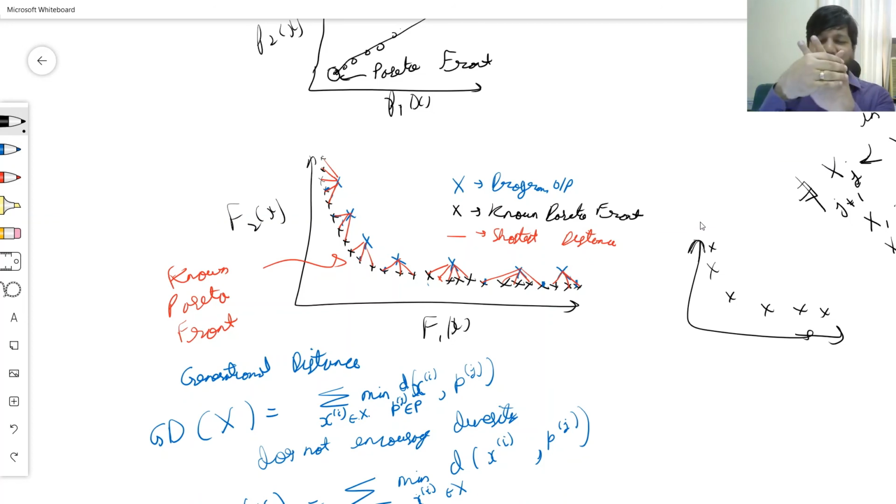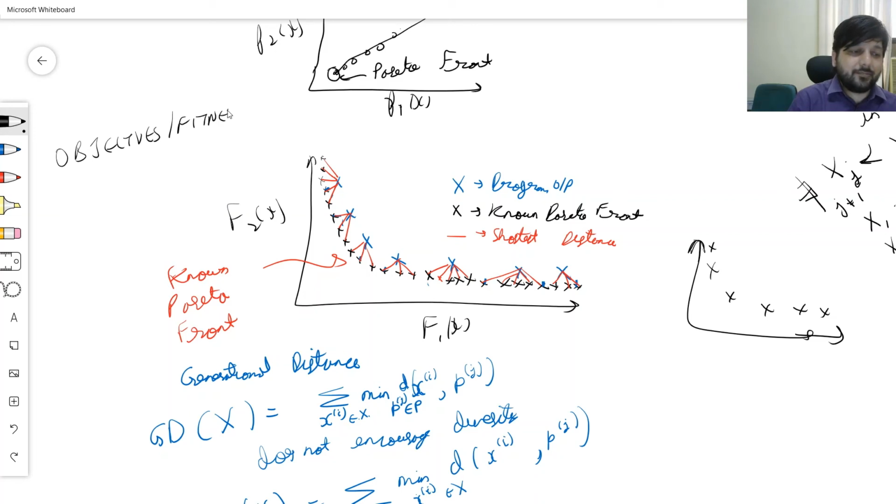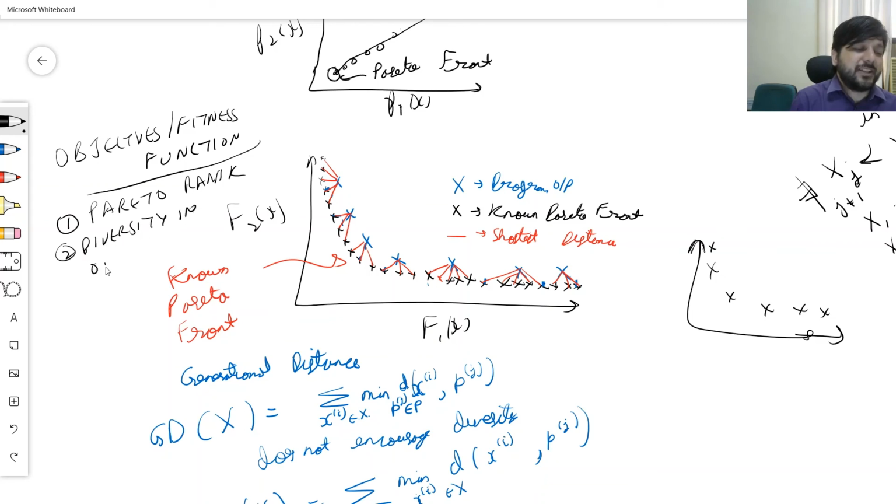So a mixture of these three objectives: Pareto rank, diversity in the objective space, and diversity in the decision space. So using three things, which is Pareto rank, so how close an individual is to the Pareto front, then you've got diversity in objective space.